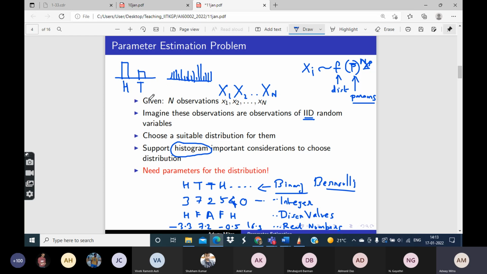Because as we have discussed in the last class, we have the law of large numbers.